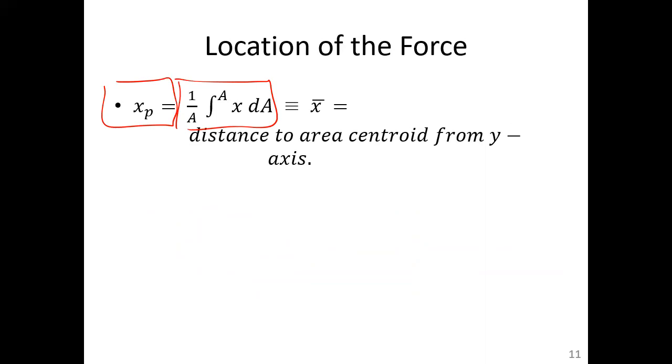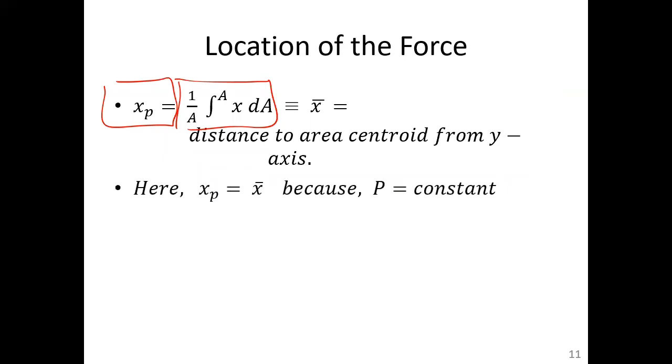That is the definition. 1 over the area of the integral of x dA is the location of the center of area from some arbitrary y-axis. That's what it is. And again, you derive this in statics. So again, this is all review.